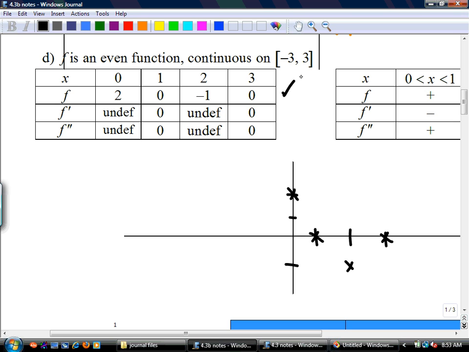Check. F prime is undefined at those points. So what does that mean? Yes, okay, these are automatically all critical points. These ones are horizontal. So at 1 and 3, we need little tiny horizontal bits.